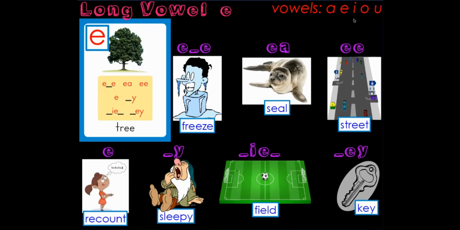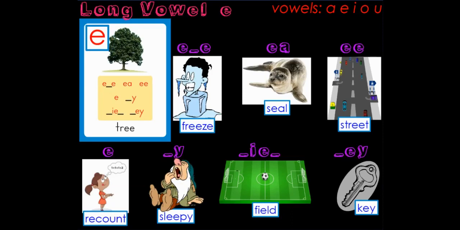A, E, I, O, U. The long vowel sounds that they make are A, E, I, O, U. Those long vowel sounds sound like the letter is saying its name.